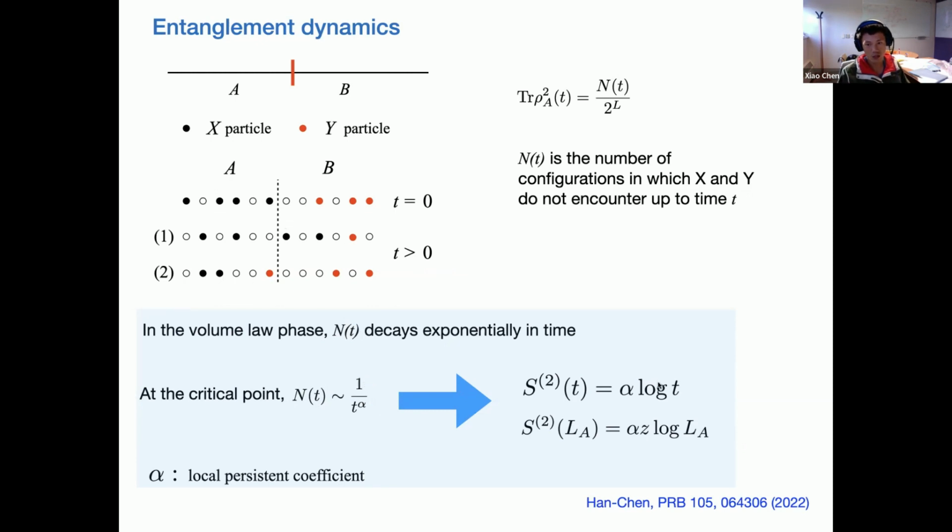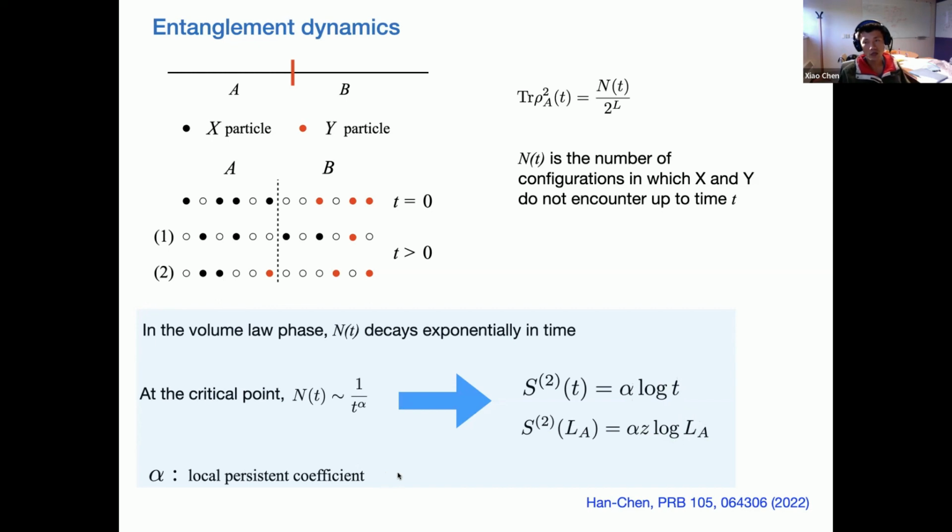This leads to logarithmic growth of the entanglement in the time direction, and eventually to a steady state which is also logarithmic in the subsystem size. The coefficient in front is alpha for the time direction, while in the spatial direction it is alpha times z. z is the dynamic exponent. Alpha is also a universal number, called the local persistence coefficient.